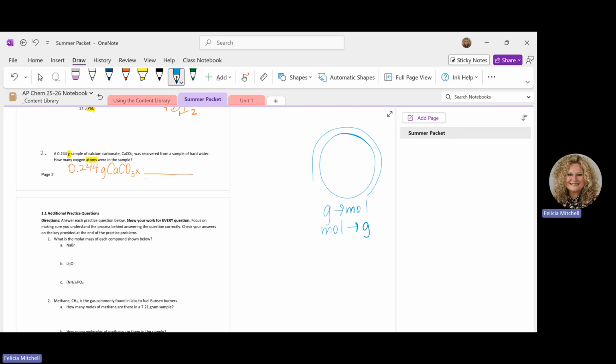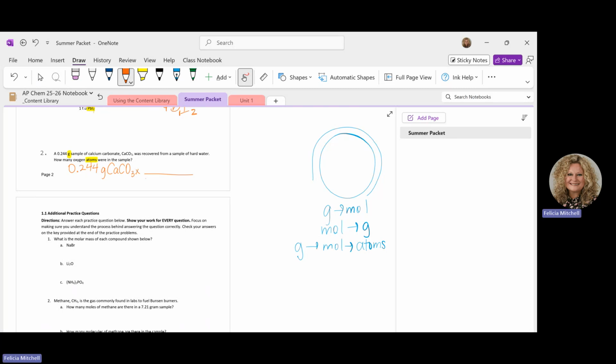But if you want to go from grams to atoms or backwards from atoms to grams, you must go through the mole. It is your in-between step. So I have to convert from grams to moles if I want to do anything with atoms.